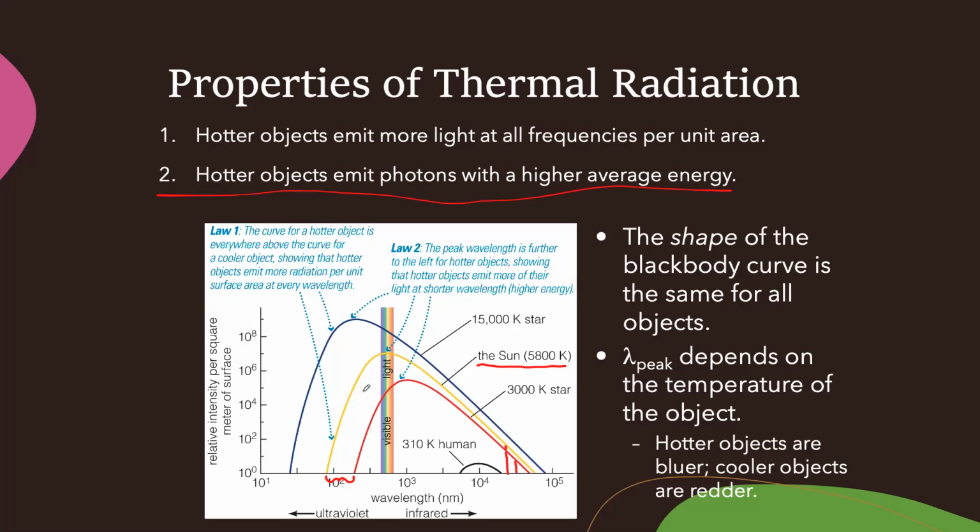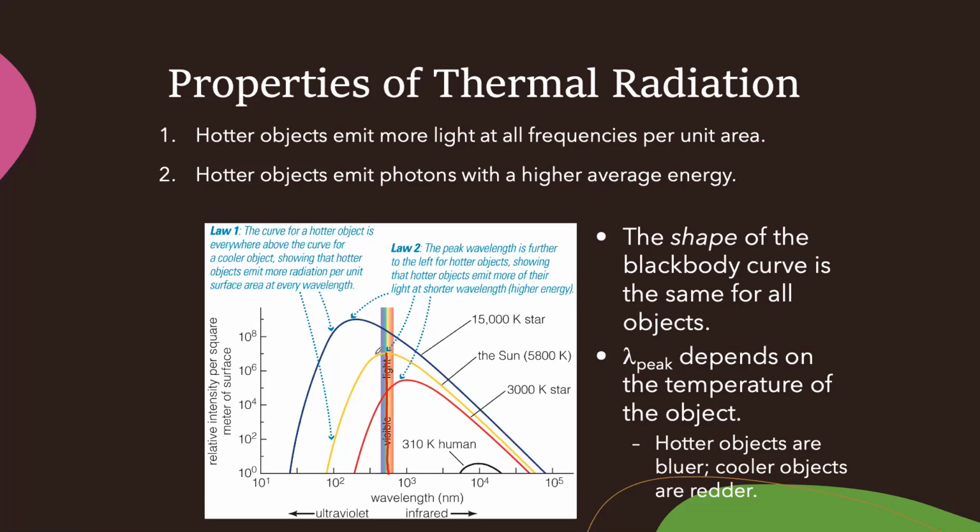So in any case, let me go back to this for a second. So we have the sun. The sun's peak wavelength is somewhere around here, right in the middle of the visible spectrum.